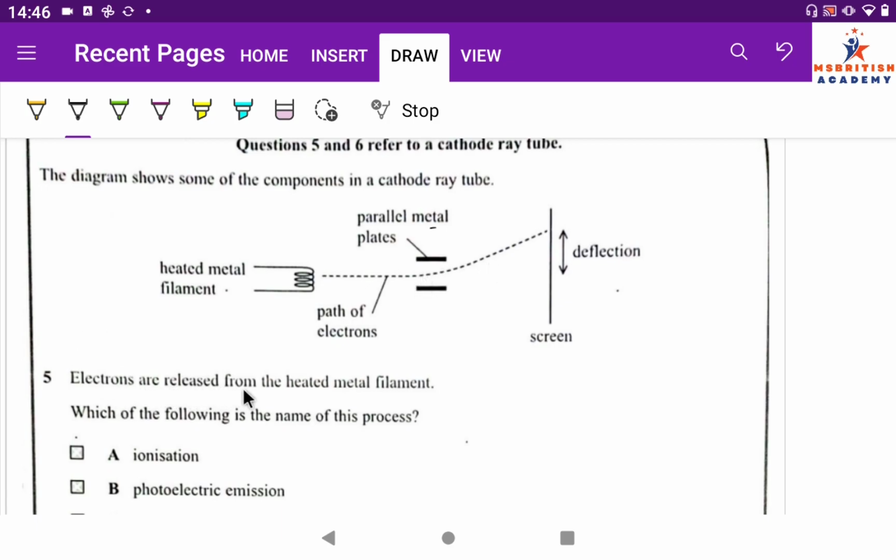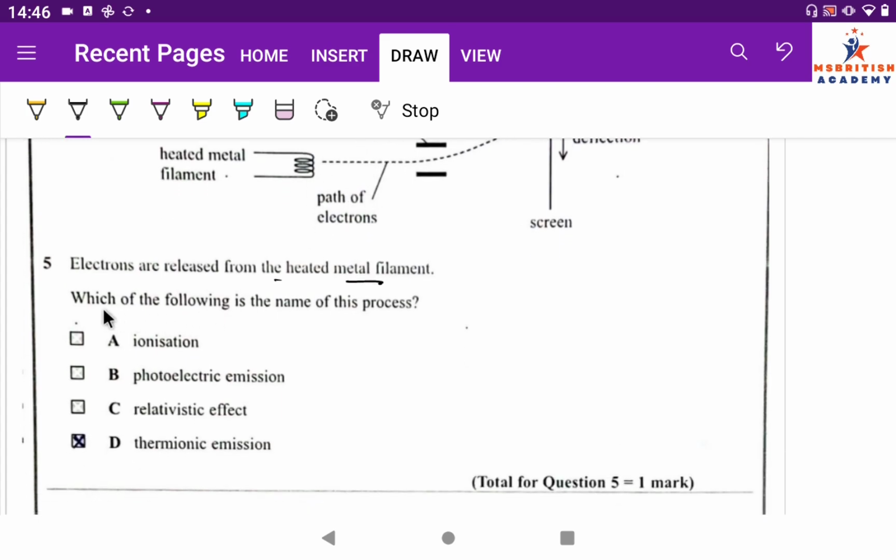Electrons are released from the heated metal filament. Which of the following is the name of this process? This is not ionization, because ionization is just electrons released from the outer shell.